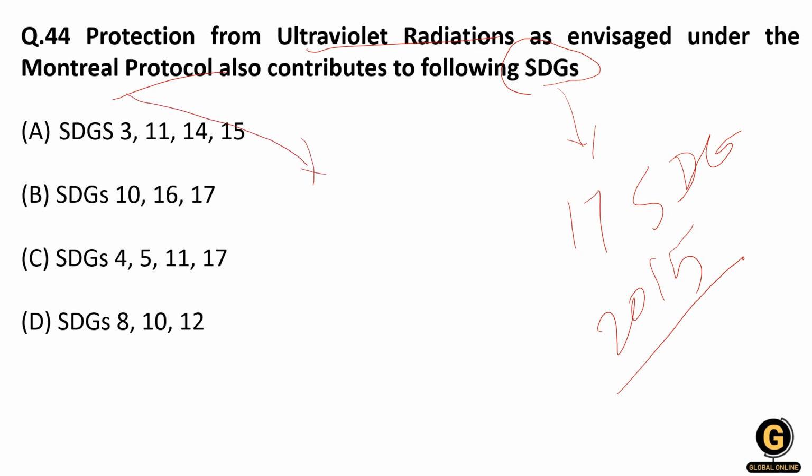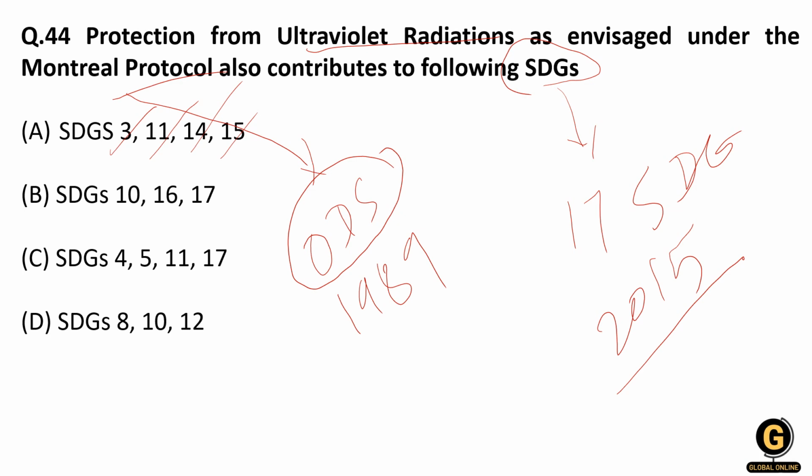So what is Montreal Protocol? It is about regulating the ozone depleting substances, and it was ratified in the year 1989, right? So of these 17 goals, SDG 3, 11, 14 and 15 also serve the purpose of regulating the ozone depleting substances.